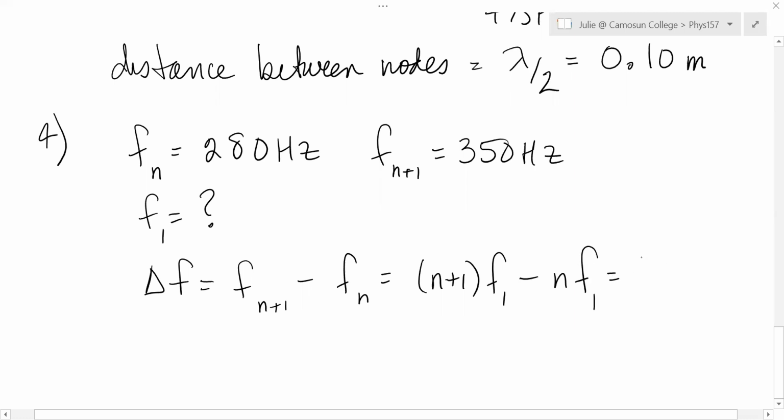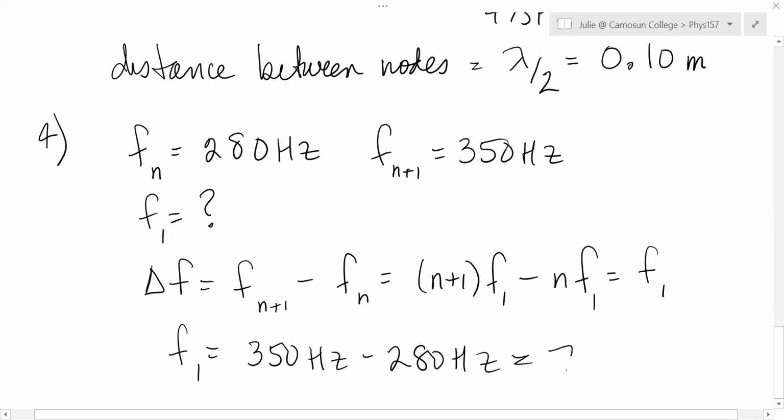And so this is actually proof that the consecutive normal modes are separated by the fundamental frequency. And so that's how we know the fundamental frequency is 350 minus 280 or 70 hertz. So that would be the fundamental.